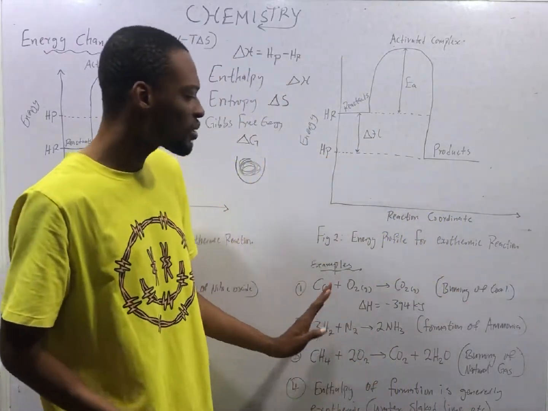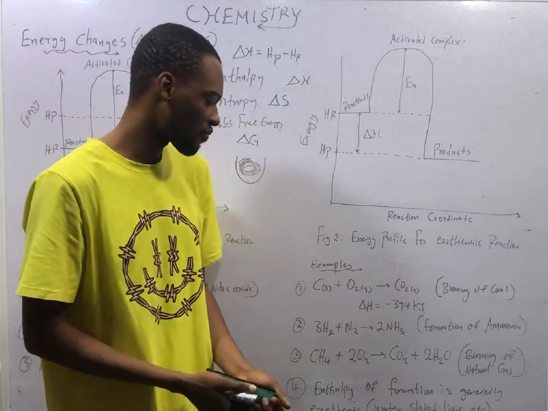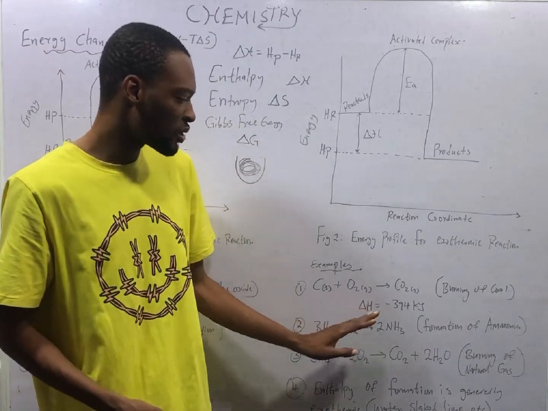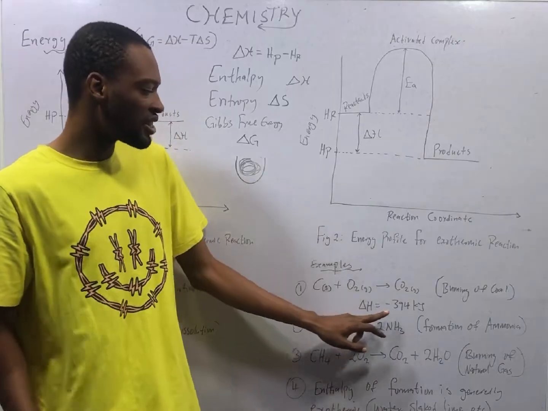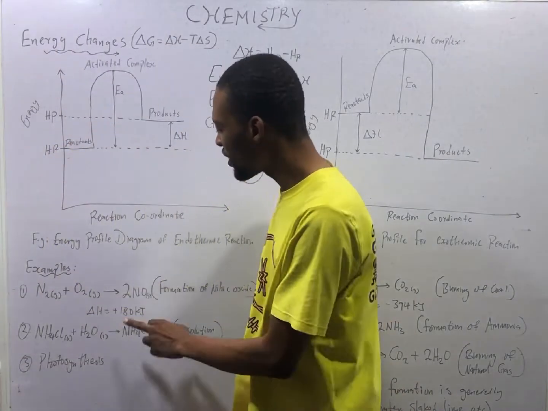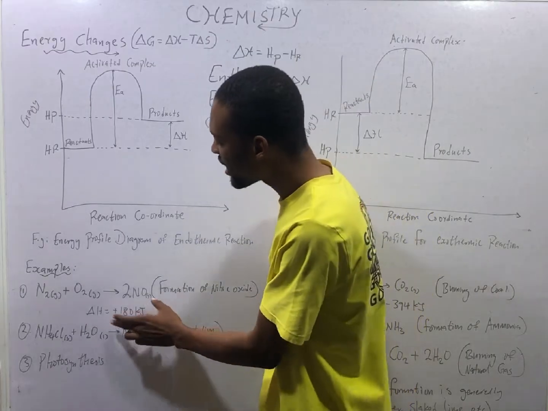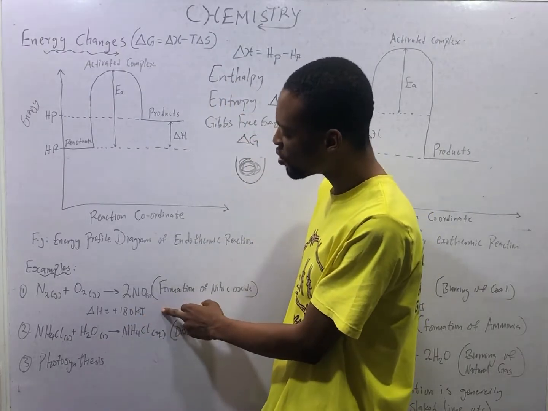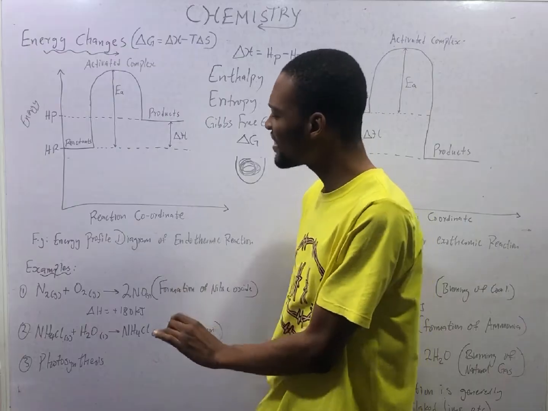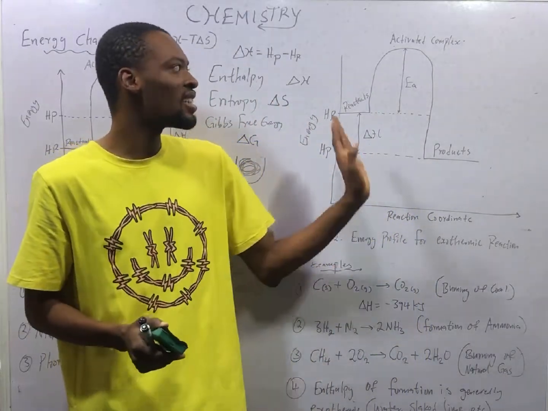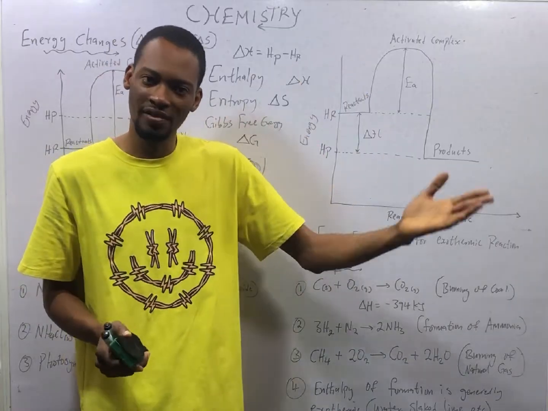Now, let's look at exothermic reactions. Burning of coal is exothermic. As you can see, delta H is negative. Now, for the formation of nitric oxide, delta H is plus 180 kilojoules. That is positive. Anytime in a reaction you see delta H negative, it shows that it is exothermic and heat is given off.